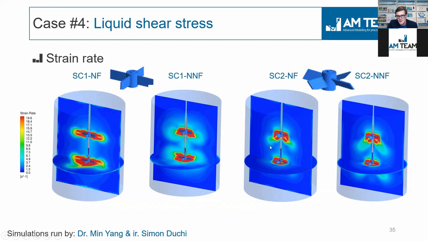You see that actually the patterns are quite different, because obviously this impeller directs the flow more downwards. It pushes it downwards. But quite interesting to see is if you compare Newtonian liquids with non-Newtonian, for example, a high viscosity fluid, you see that you get kind of a buffering of this stress locally.